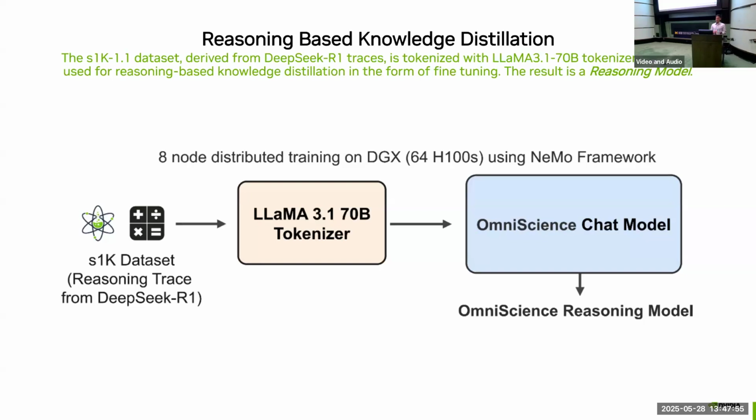Essentially, this data set consists of questions and answers given to DeepSeek R1 about tasks related to some specific domain, maybe math or science. And the data set itself is a style of supervised fine-tuning where the question leads to an answer that has the reasoning trace from DeepSeek R1 as its answer.